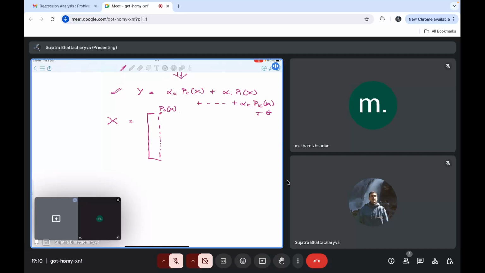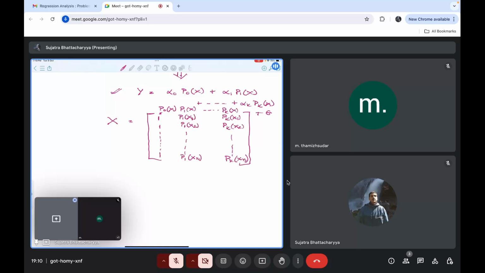Next is P1(x), so you write the P1(x) values, calculated using whatever is given. We will do one example, don't worry. So P1(x1), P1(x2), up to P1(xn). Similarly go for Pk(x): Pk(x1), Pk(x2), and so on up to Pk(xn).